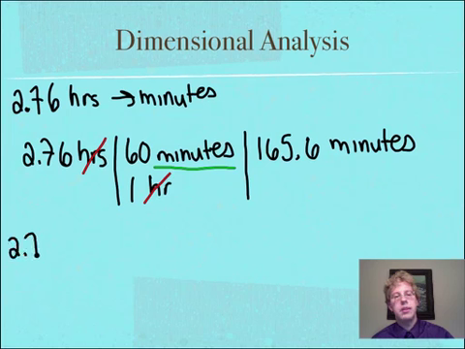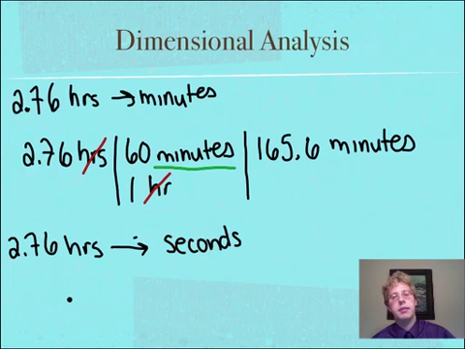So if I take, for example, my 2.76 hours again, and I want to convert it to seconds. I'm going to start with what I know, which is 2.76 hours. I always include my unit.